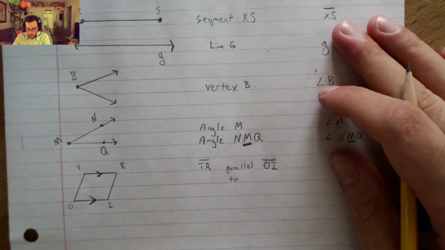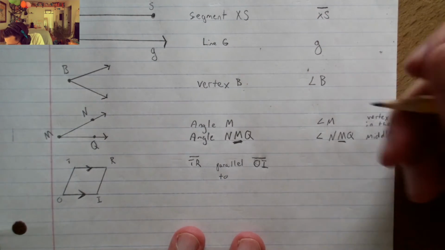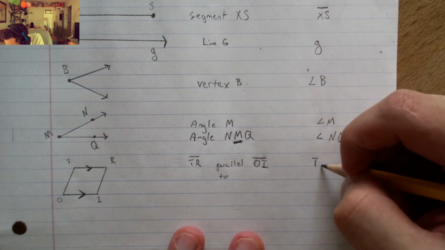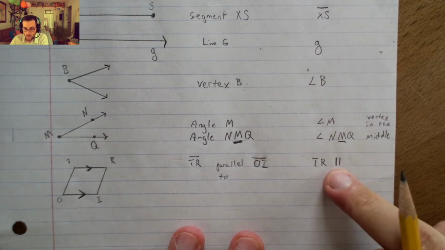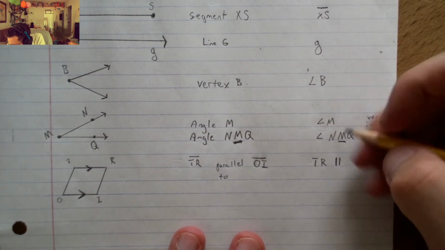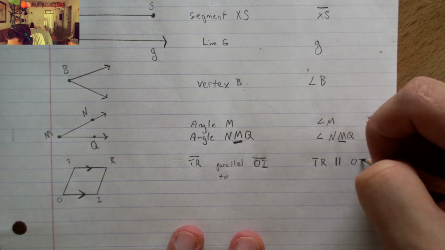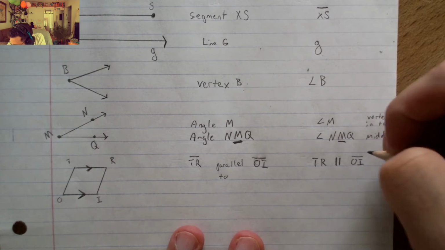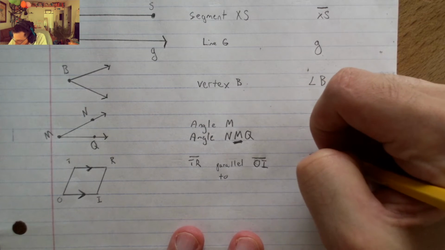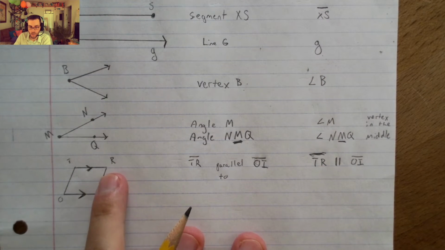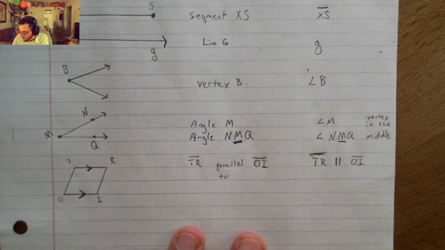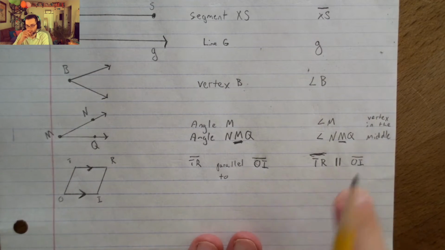And if we wanted to write this out on our piece of paper, the symbol we use to show whether or not something is parallel is these almost like L's to represent two parallel lines. So we have segment TR is parallel to OI. Because of those arrows, we can see that written out there.